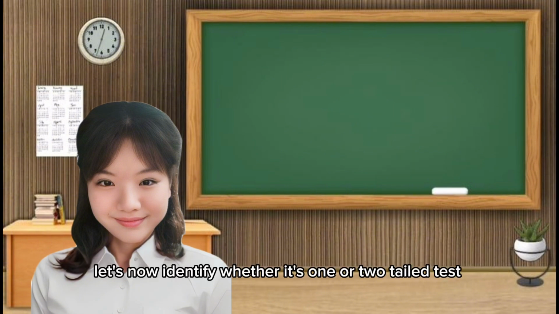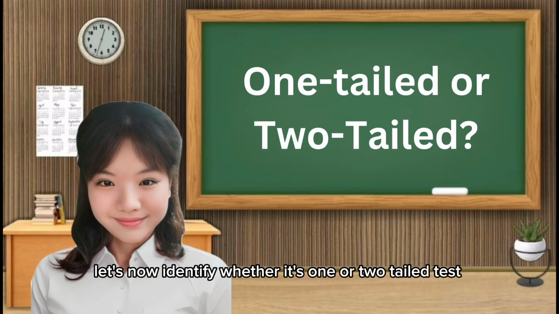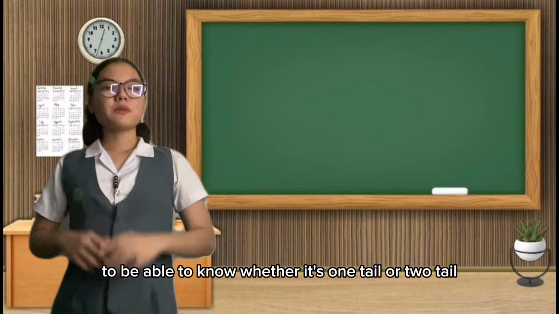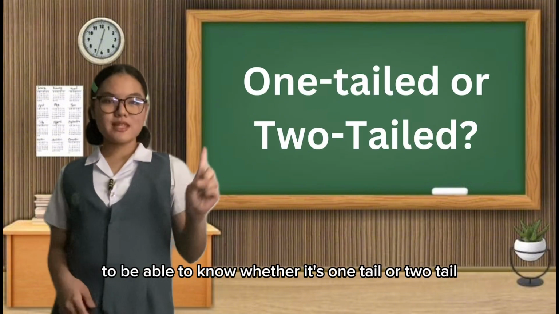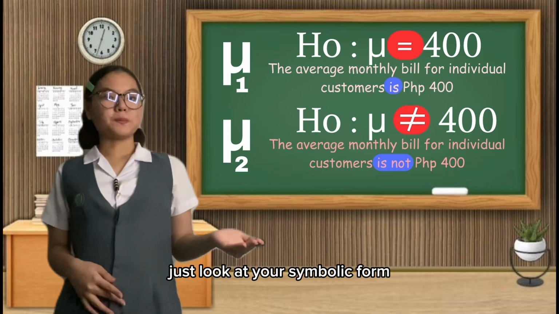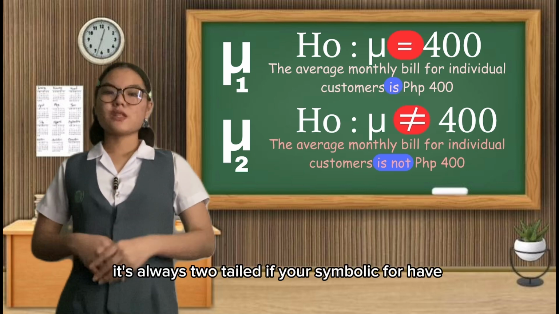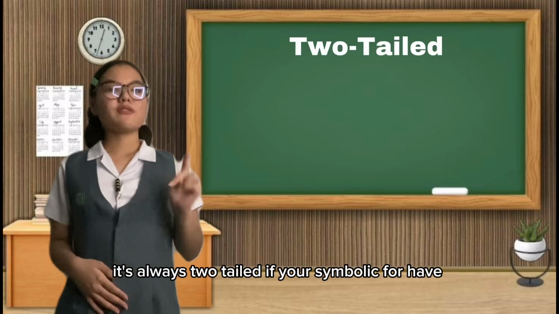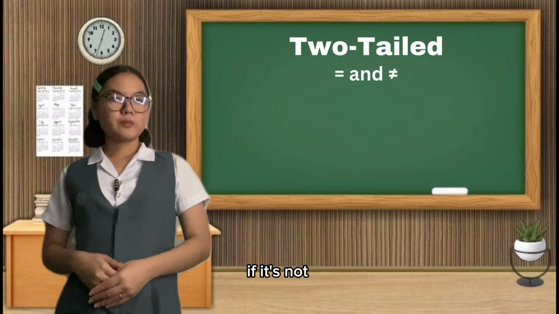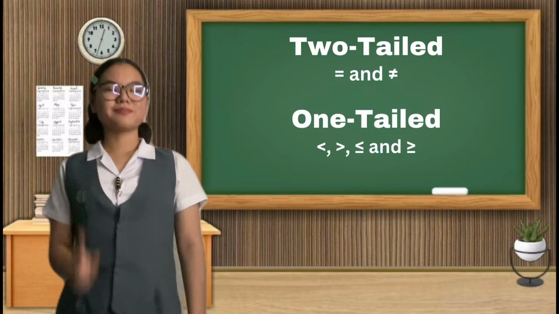Let's now identify whether it's a one or two tailed test and whether it's a one or two mean test. To be able to know whether it's one-tailed or two-tailed, just look at your symbolic form. It's always two-tailed if your symbolic form has an equal sign. If it's not, then it's one-tailed.